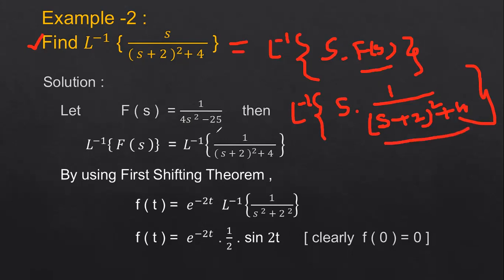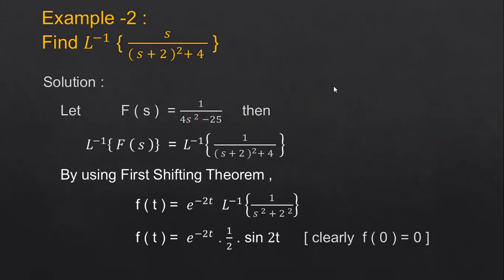Sorry, so here it is s plus 2 whole square plus 4, f of s. That was a mistake. Okay, 1 by s plus 2 whole square plus 4. Okay, right. Change this one.